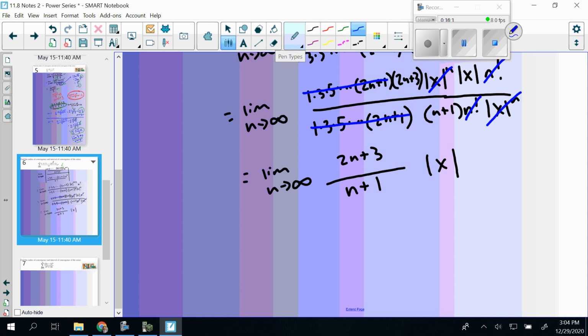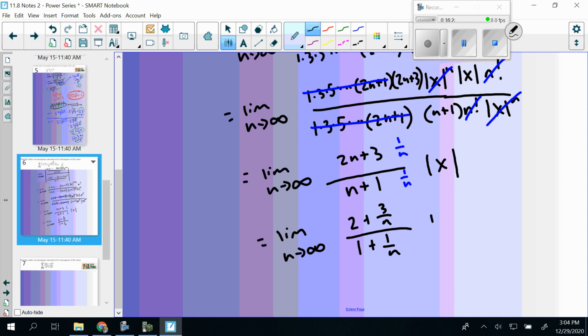Well, if we multiply this by 1 over n, we can see it pretty quickly: we have 2 plus 3 over n, and here we got 1 plus 1 over n. Those two terms are going to go to 0, so that's going to go to 2. So we got 2 times the absolute value of x. That's what we end up with there for our limit.